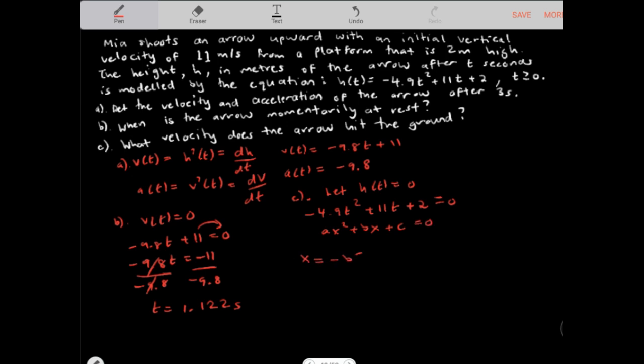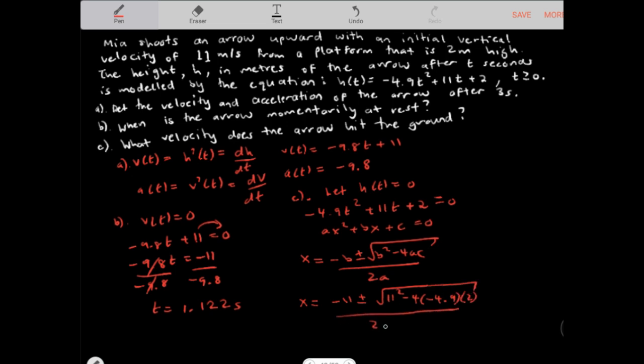So we have x = (-b ± √(b² - 4ac)) / 2a, that's your quadratic formula. I'm going to plug in these values. Negative b here is -11, plus or minus the square root of b squared, which is 11 squared, minus 4 times a, which is -4.9, times c, which is 2, all over 2 times -4.9.